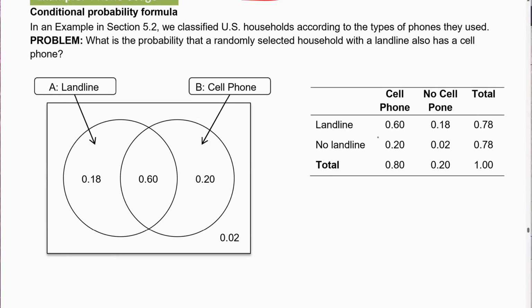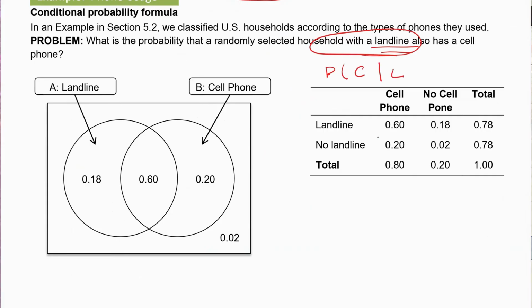It says we classified 100 households having to do with their phone uses. What's the probability a randomly selected household with a landline also has a cell phone? Probability that they have a cell phone given that they have a landline. See how it says amongst those with landlines. Well, the probability of a cell phone given that they have a landline is the probability of having a cell phone and a landline divided by the probability of having a landline.